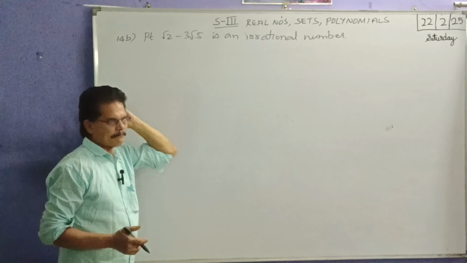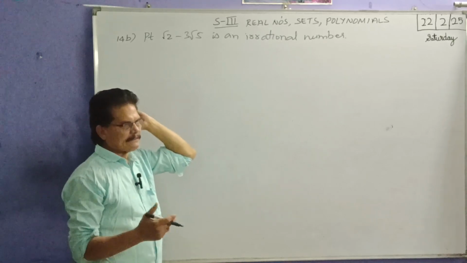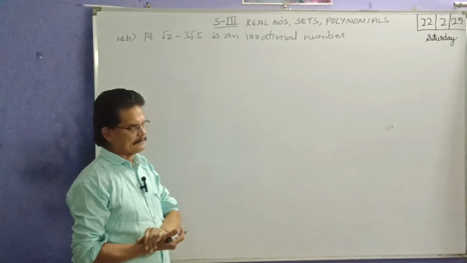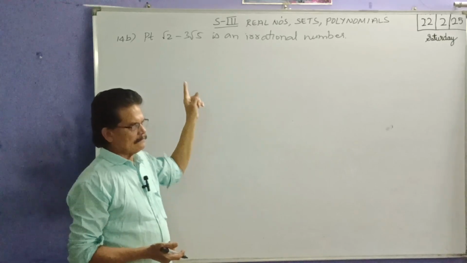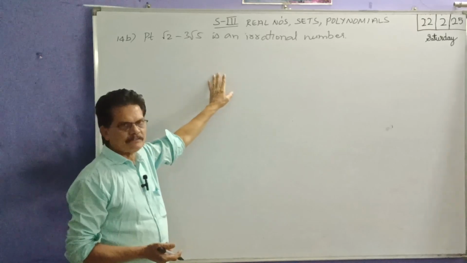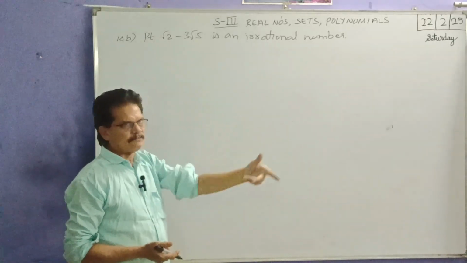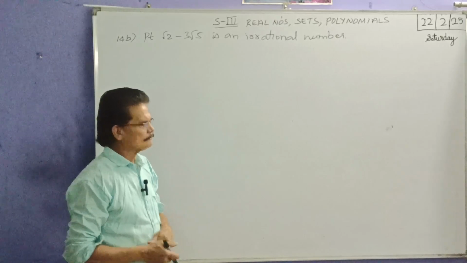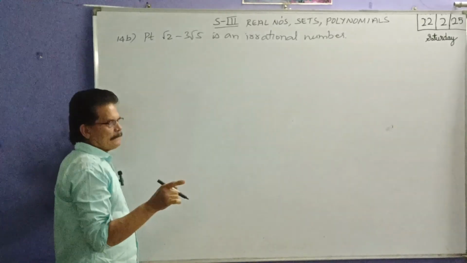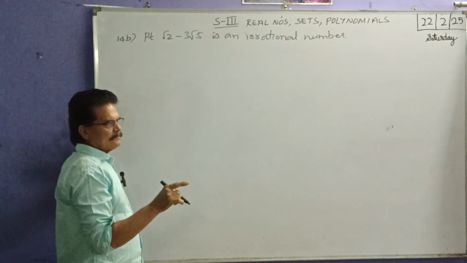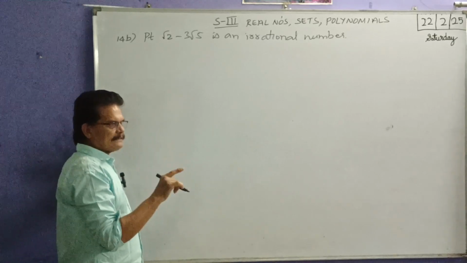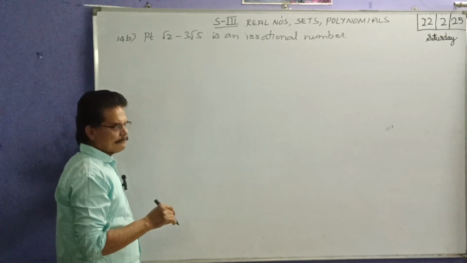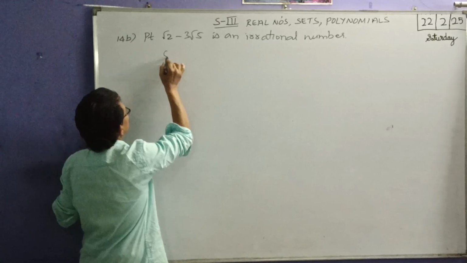Indirect proof method. The first step indicates that we are taking the inverse of the given statement. It says root 2 minus 3 root 5 is irrational, and we are taking rational.